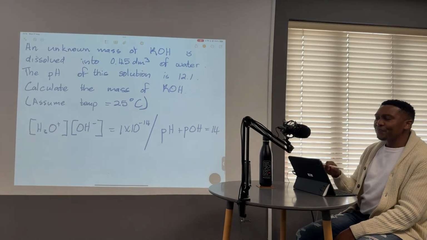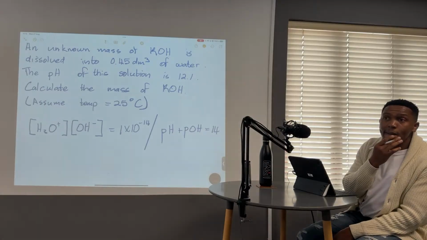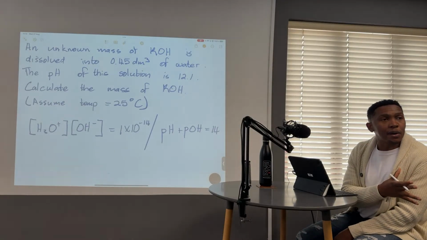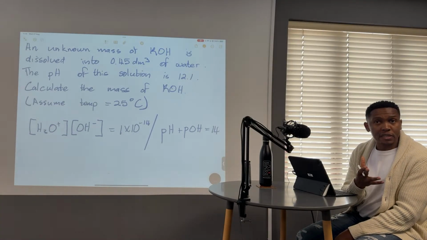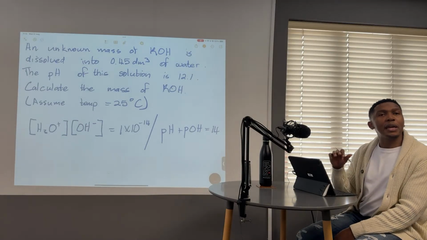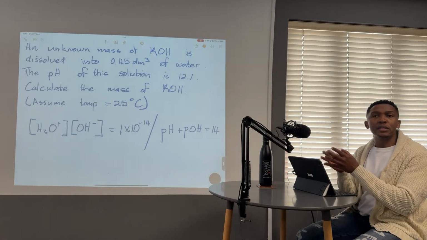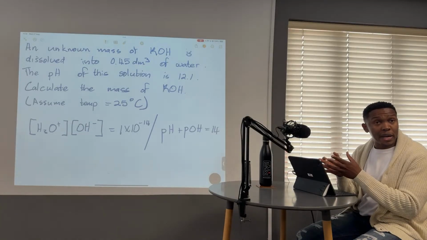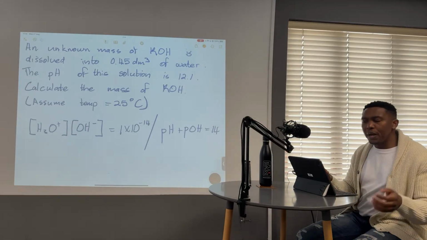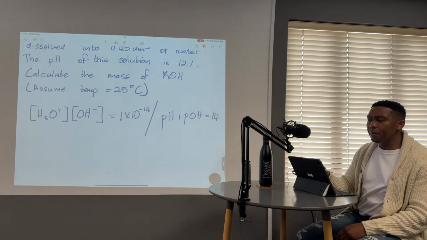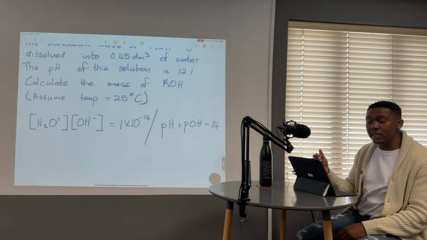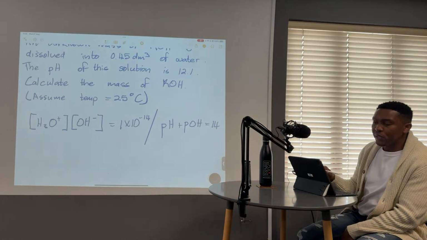All right. So the difference this time around is that we're given the pH of a base, right? And remember that a base does not give us hydronium ions, so we'll need to pass by somewhere first before we can determine the mass of potassium hydroxide.